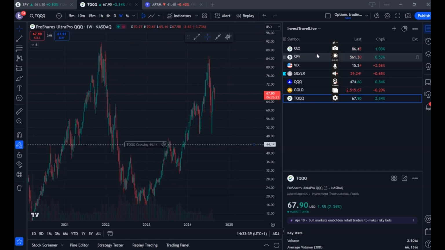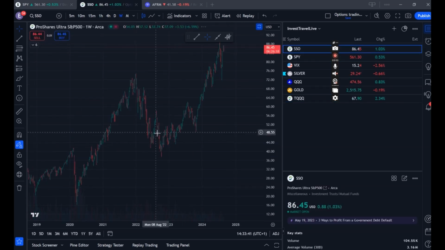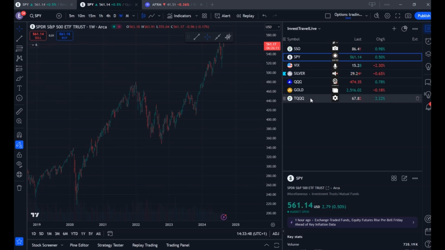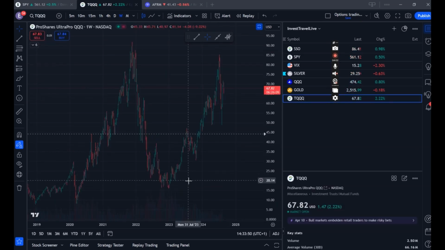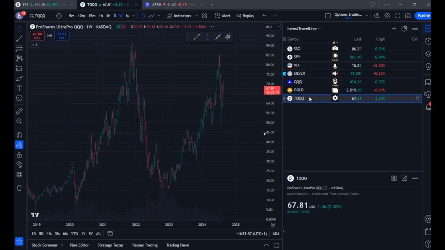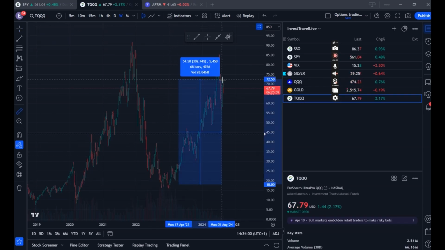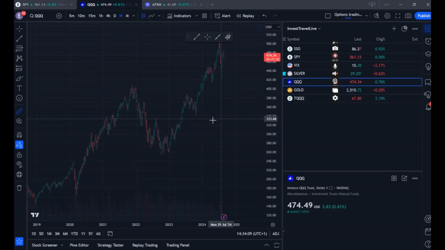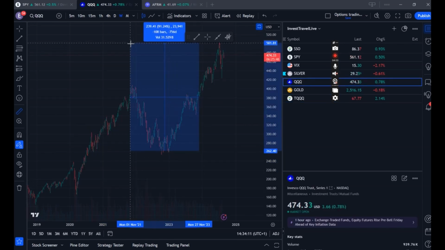Okay, bear in mind that these tend to, in the long run, not perform as well as the S&P or triple Q. So for example here, as you can see, TQQQ hasn't reached an all-time high whilst QQQ has, but TQQQ has done 370% return from the lows, whilst QQQ has done 90%.